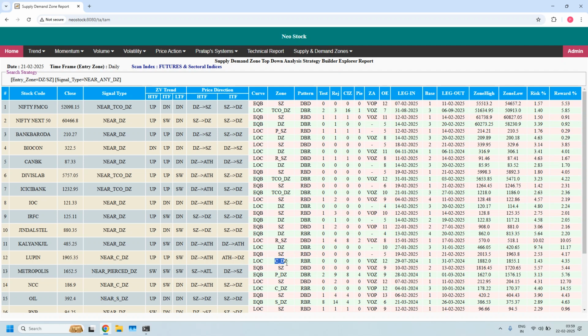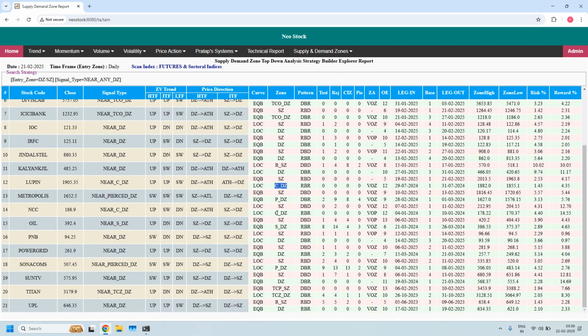Okay, here we have a high liquidity Lupin. Lupin is having a high liquidity daily demand zone. Next one is NCC, having high liquidity daily demand zone.